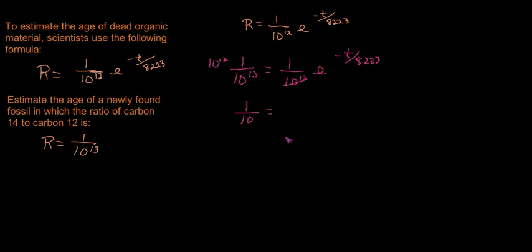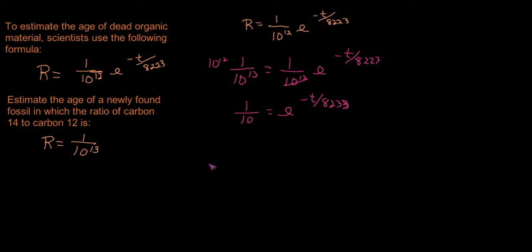So now we've got this. And now we're right back where we've been on quite a few problems already, where we're just going to apply a natural log so we can pull down this exponent.